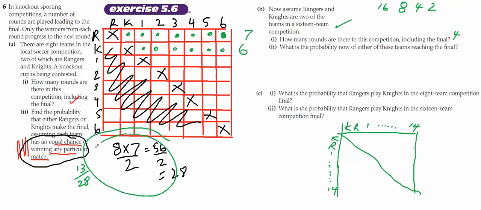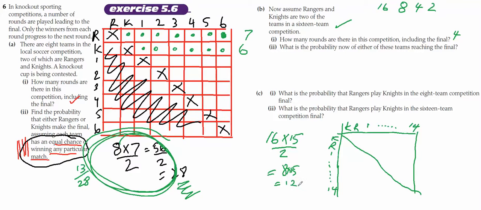However, I'd like to think about this a little bit. There were 28 outcomes because each team played everyone else. If I move over here, I've got 16 teams. If each team played everyone else, it's going to be 15, and then I divide by 2. That gives me 8 times 15, which gives me 120.